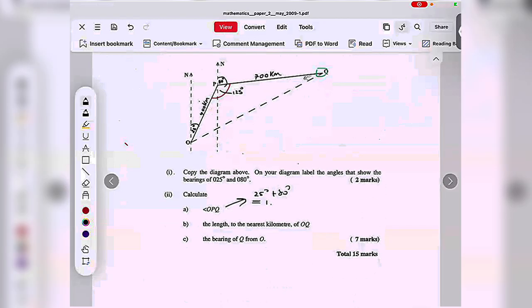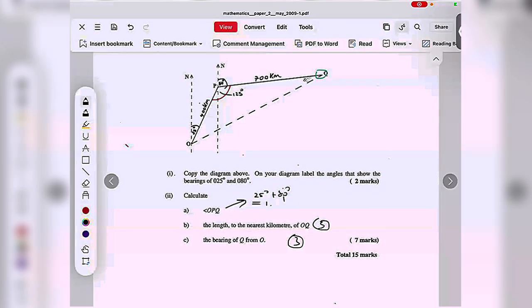I'm thinking this one is worth 1 and the others are worth 3 each. So this angle is simply 25 plus 100, and that's equal to 125.